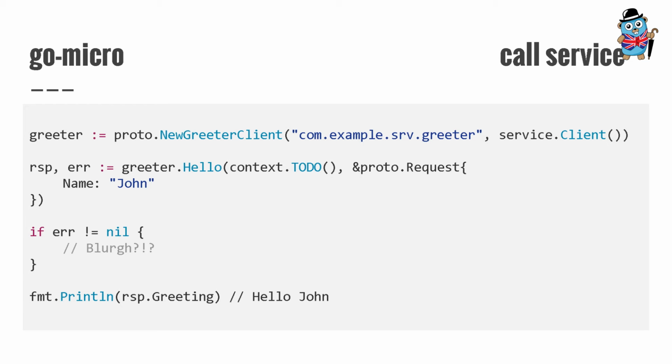You give it the name of the service that you want to talk to, and then you have your client that is fully initialized with your codecs and your transport and everything else. And then you execute the method hello, give it a request. And that's about as simple as it is.